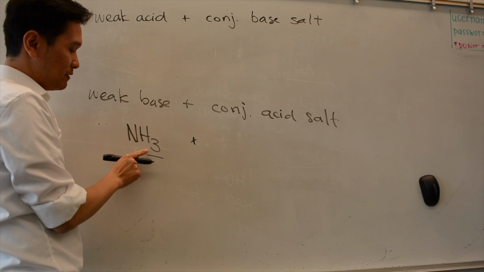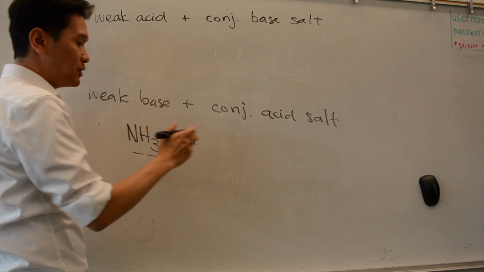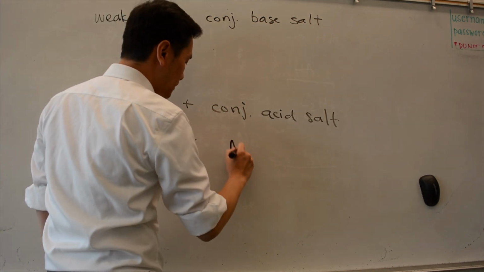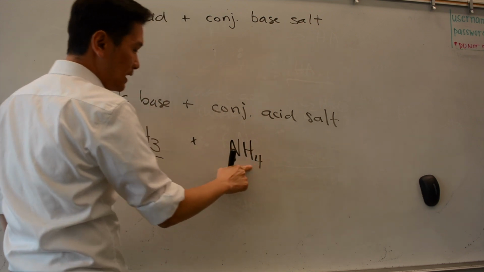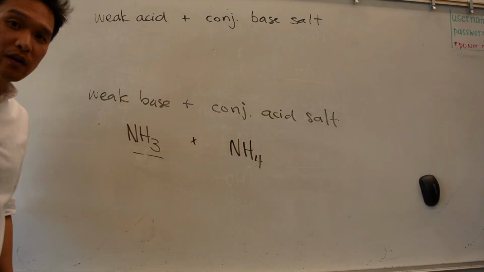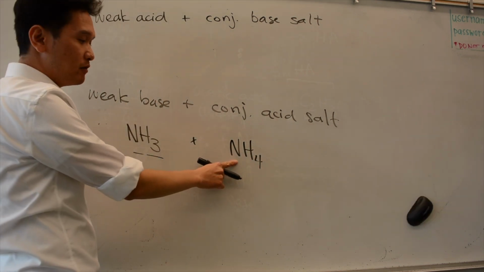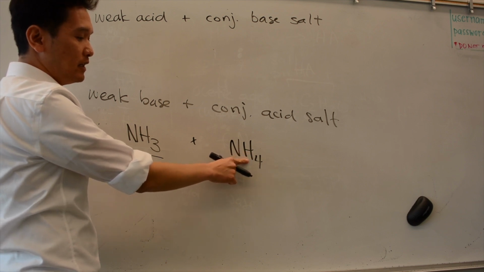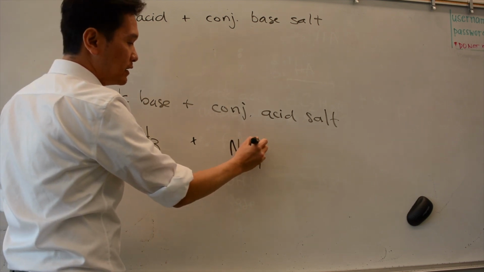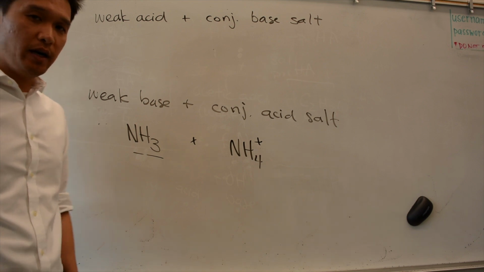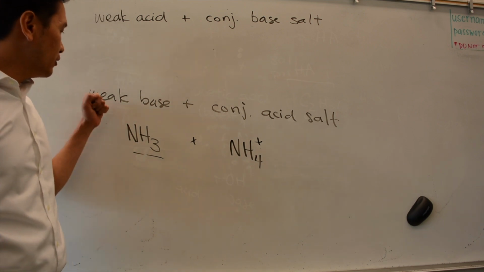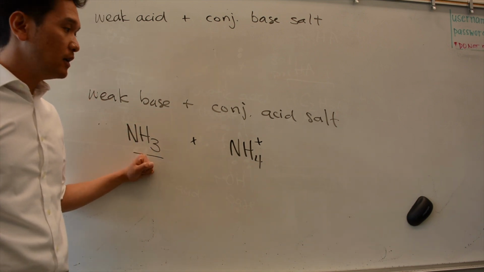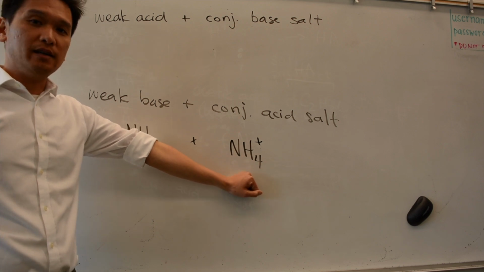So if this reacted as a base, it would accept a proton. If it accepts a proton, it becomes NH4. And what's the charge there? Remember that a proton is not only a hydrogen, but a hydrogen positive. So you gain a positive charge there. So again, the weak base here is ammonia plus ammonium ion.